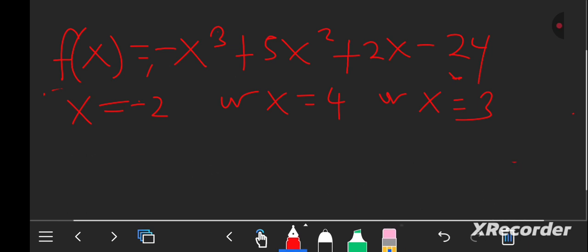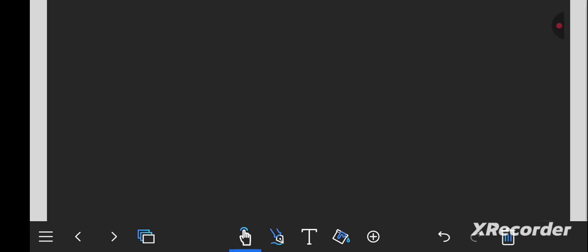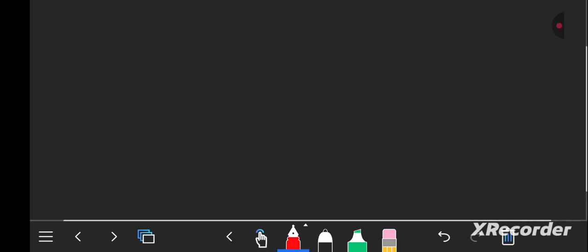So to sketch this graph, let me use the next slide. We just need to plot the x-axis and also the y-axis. At that point, let it be equal to 0.